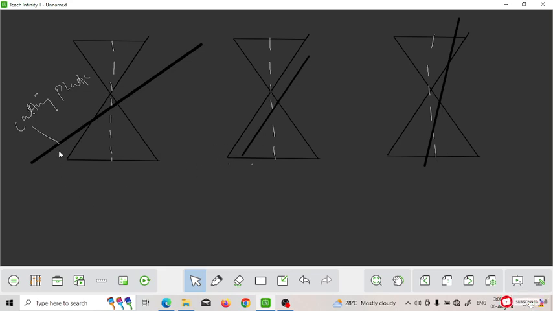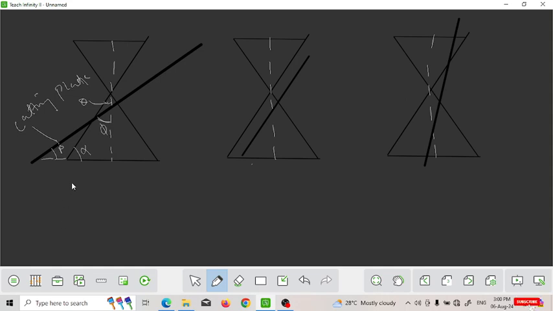So see how the cutting plane is at an angle from the base. As you know, this angle is beta, and the angle from this generator to the base is alpha. This is the semi-apex angle theta, and the angle the cutting plane makes with the axis is phi.